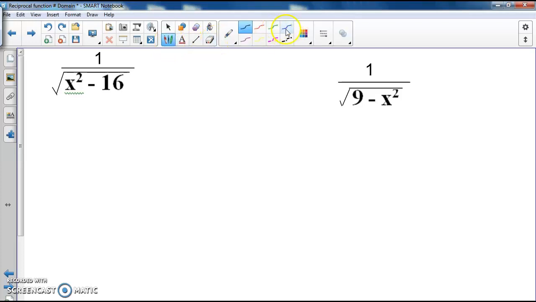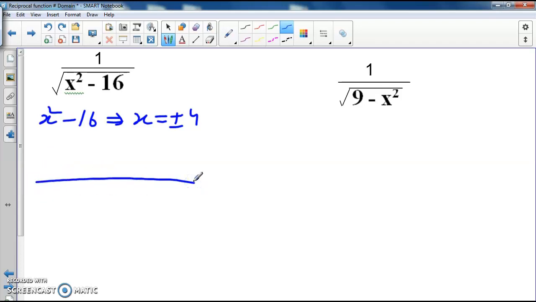Here x square minus 16 is 0 at x is equal to plus minus 4, and x square minus 16 is a quadratic function with a is equal to 1, so it will be an upward parabola cutting the x-axis at 2 points, -4 and 4. Rough sketch of this.